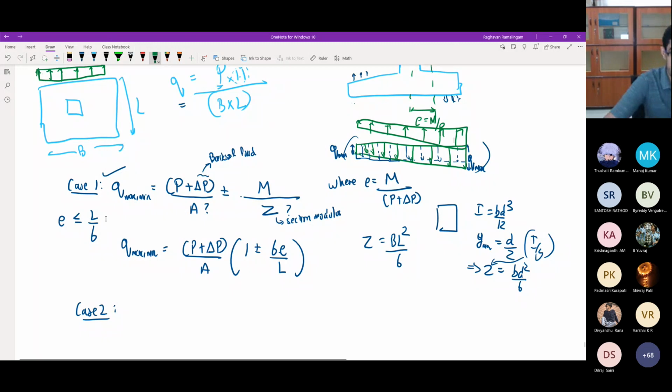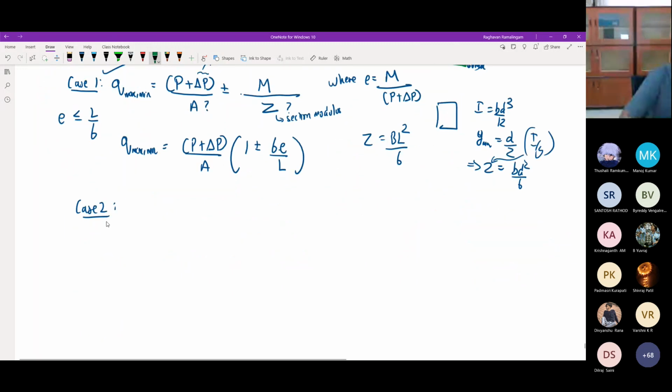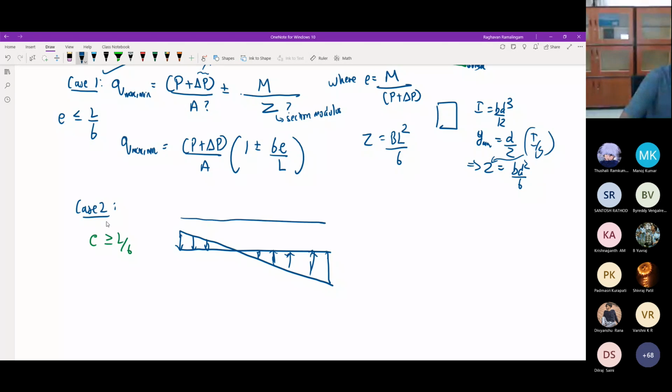However, if E becomes greater than L by 6, your soil pressure becomes like this. You get soil pressure acting like this, which corresponds to a case where this side of the footing, till this particular point, tends to be lifted up from the soil.